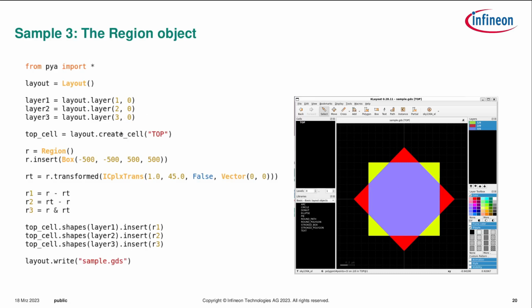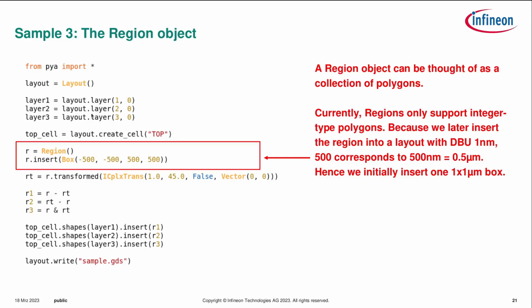And the script is essentially simple. So first of all, we have to generate 3 layers. We have to generate again a top cell, and now we are producing the region. The region is an object that is basically a standalone collection of polygons. Unfortunately, the region does not offer a D version, so we only can use database units here. So first thing we are going to do, we are going to insert a box, and this is a square, so it starts with -500 database units.